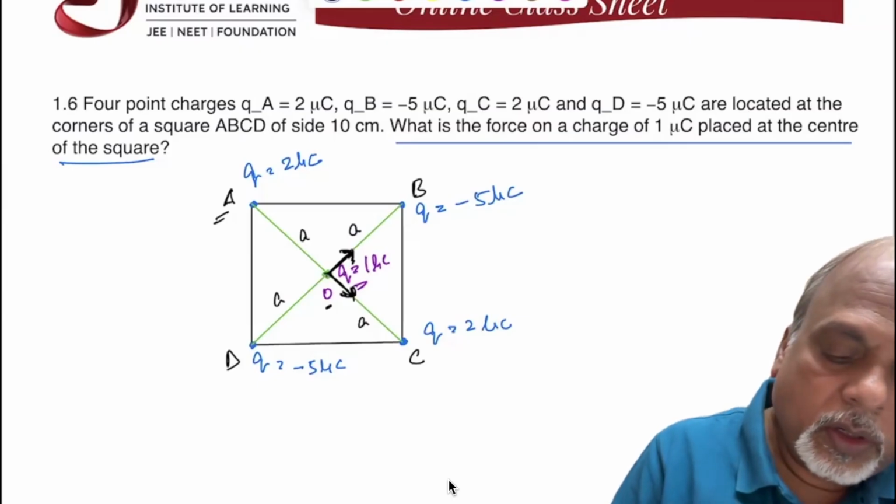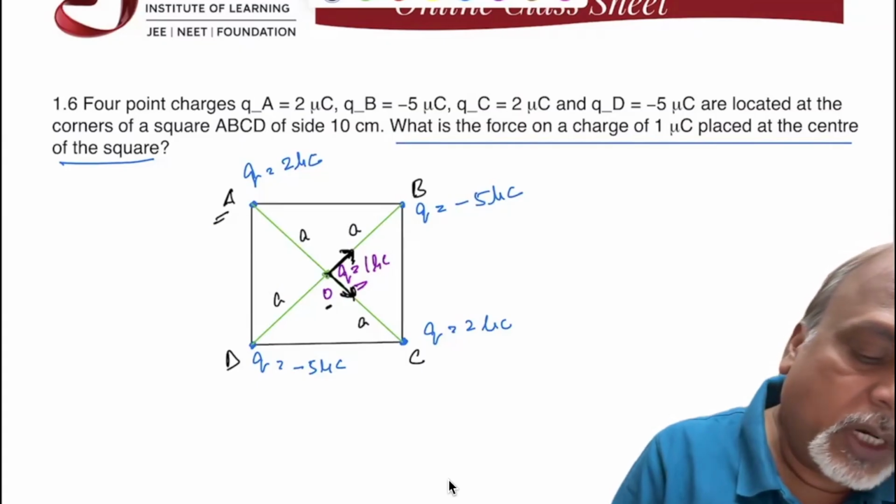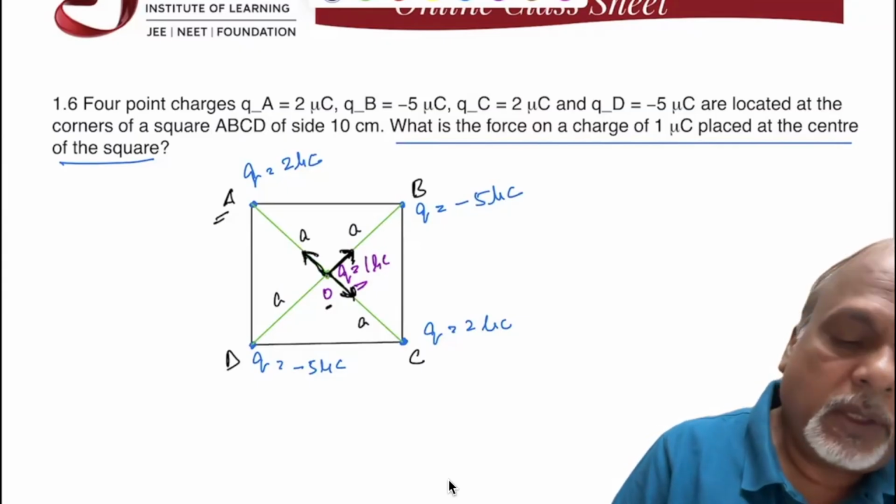O and C are positive in nature, so they will repel, and the force direction will be like this.